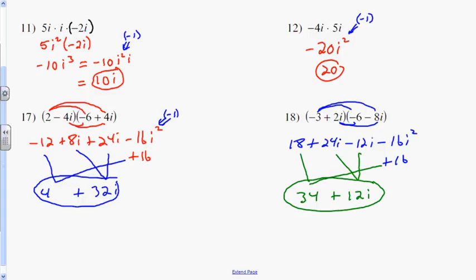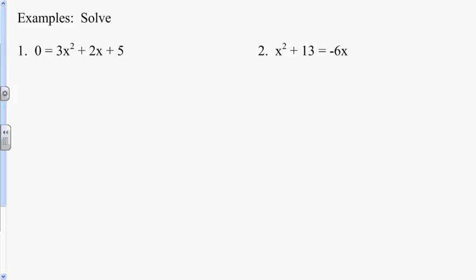Now, back to your notes, we have these two problems. We're going to do just the things we did the other day. We're going to solve this with the quadratic formula. In other words, here, a is 3, b is 2, and c is 5. And what's going to happen is we're going to get a negative in the root. That's all.